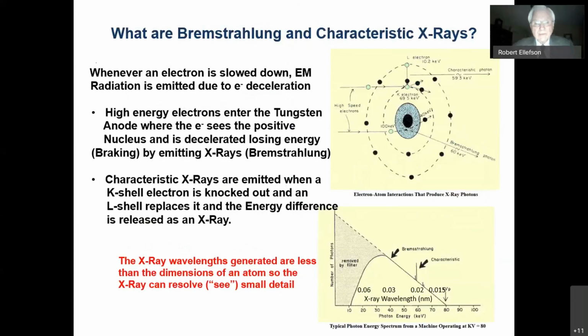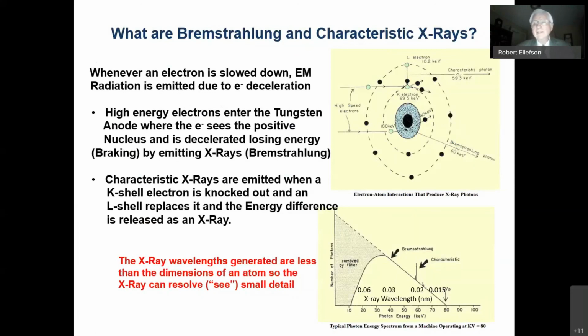High energy electrons entering the tungsten anode have enough energy to penetrate into the tungsten lattice itself, where the electron sees the positive nucleus, and it can have some interactions that bend the electron's path, and an X-ray comes out tangential to its motion. That's the braking radiation, or Bremsstrahlung.